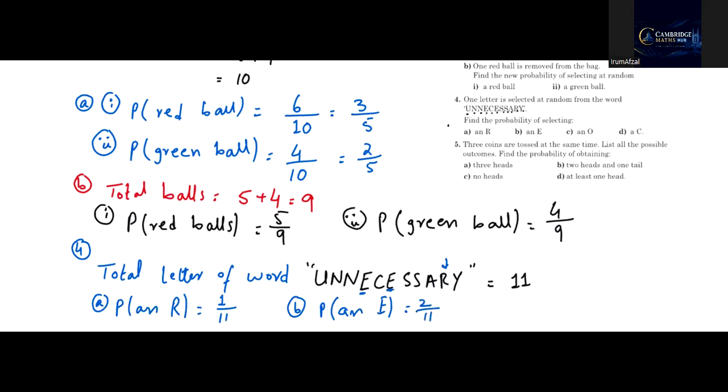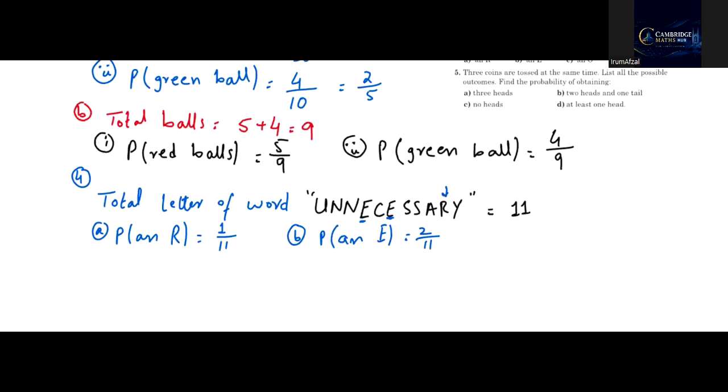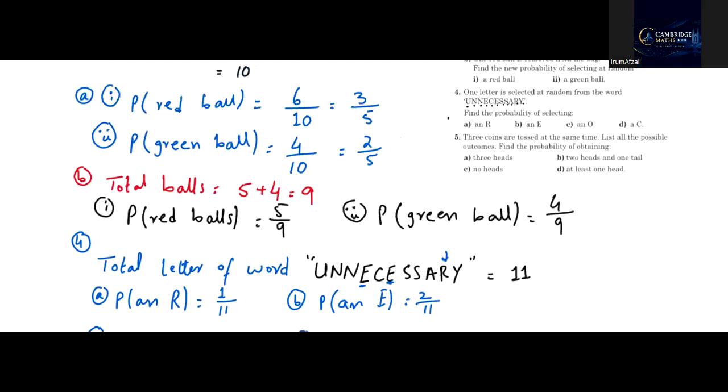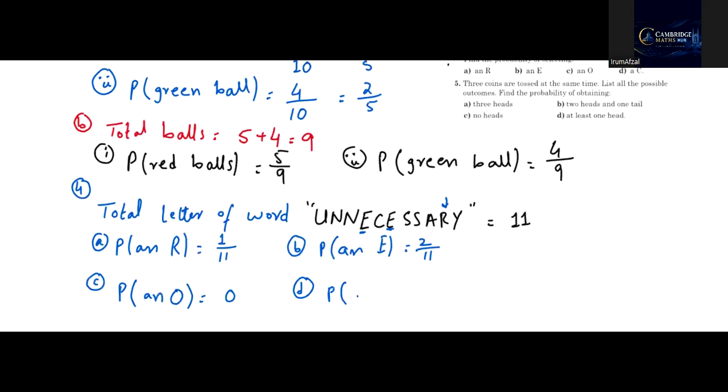Okay. Next, we have O and C probability. So part C is probability of getting an O. There isn't any O, so probability will be directly 0 because there is no O. Okay, so after that we have D, probability of getting a C. If we need to find out the C probability, only one time again we have C out of total 11.